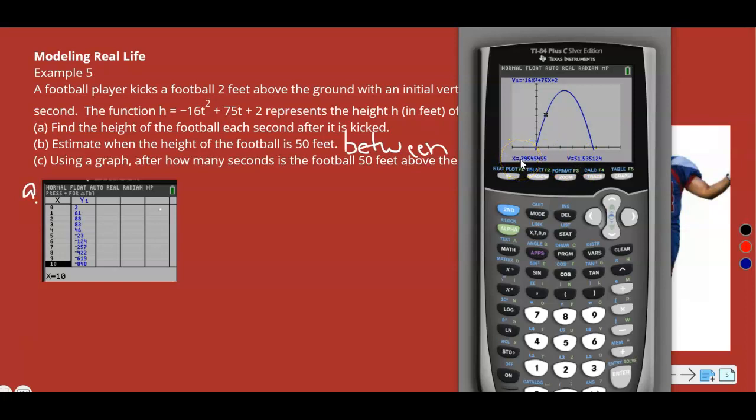So using a graph, after how many seconds is the football 50 feet, let's say about 0.7. It doesn't say how to round it, so let's put about 0.75.